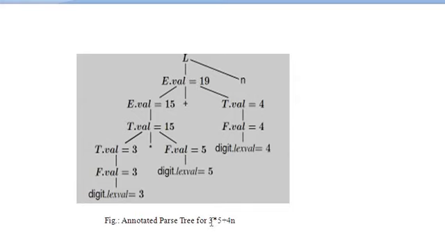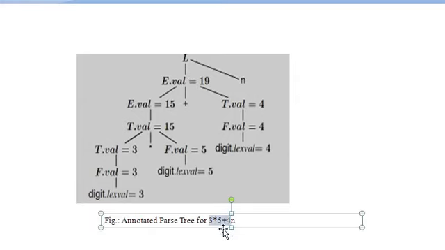For this syntax tree, 3 into 5 plus 4, the priority of multiplication is higher than addition. So first perform 3 into 5, which is 15, plus 4, which is 19. So your final answer is 19, which is stored in L dot value.